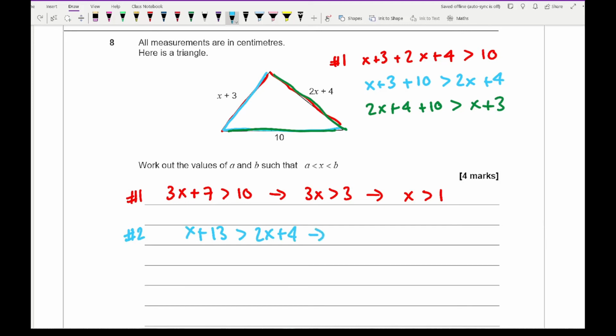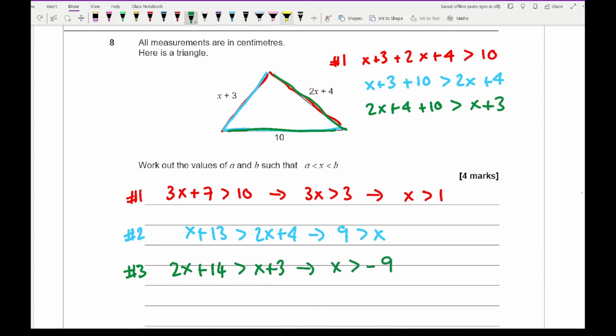And if I do a little bit of rejigging, I get 9 is greater than x. And then with 3, I get 2x plus 14 is greater than x plus 3. And simplifying that, I get x is greater than minus 9.